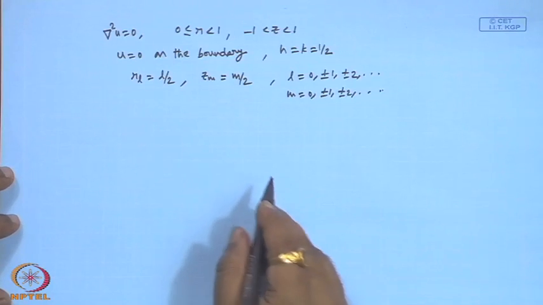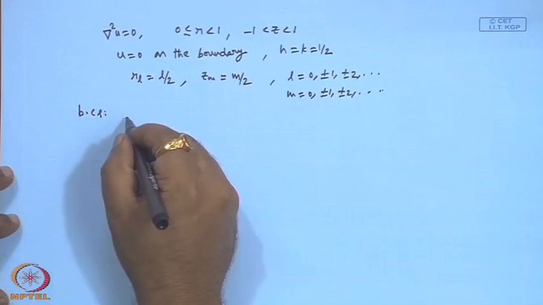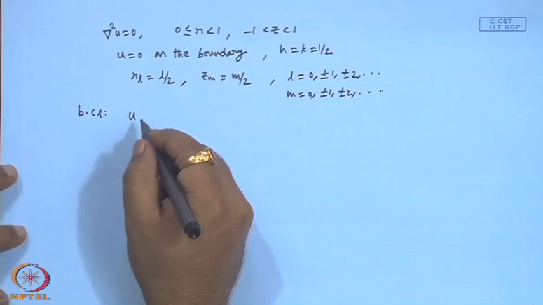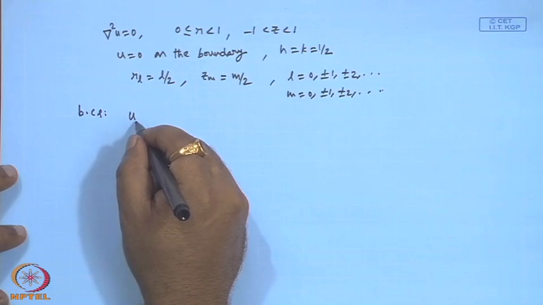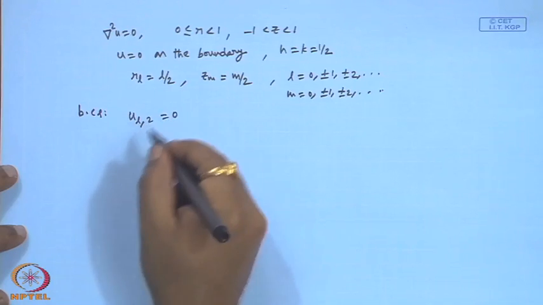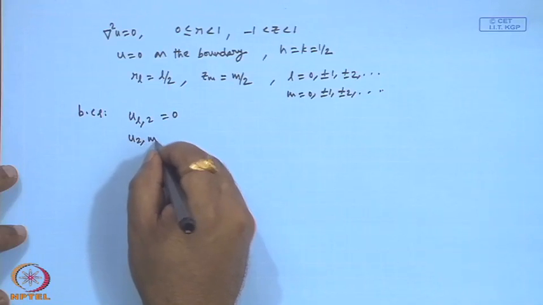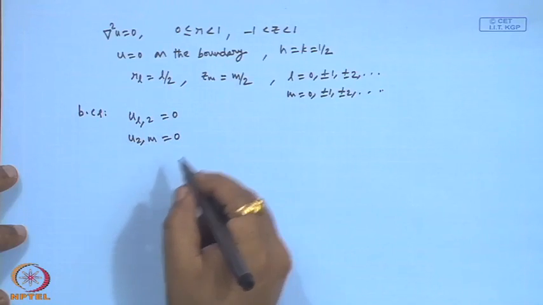Okay. So, therefore, the boundary conditions: U_{L2} equals to 0, U_{2m} equals to 0.